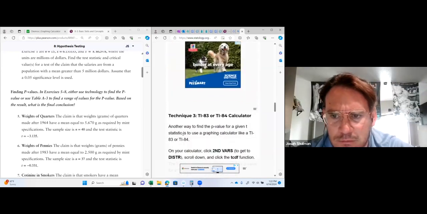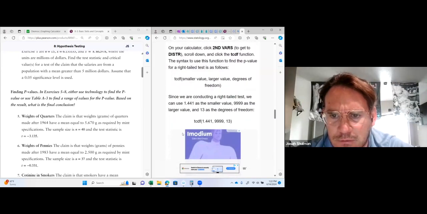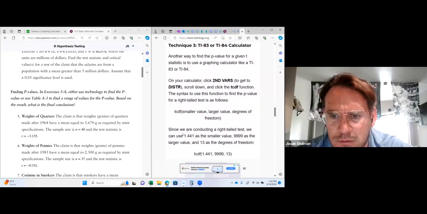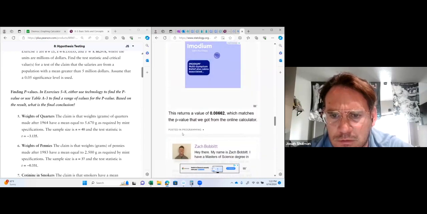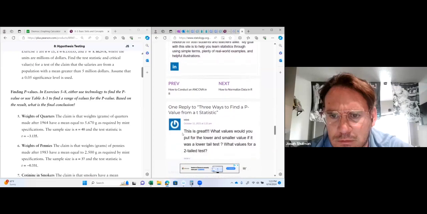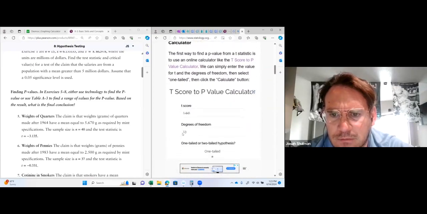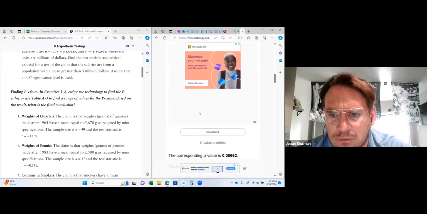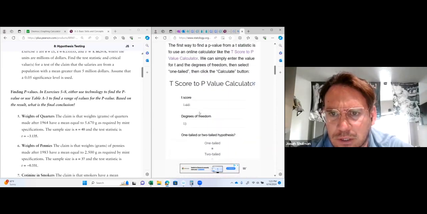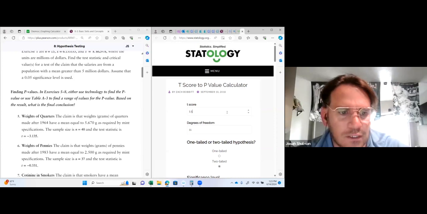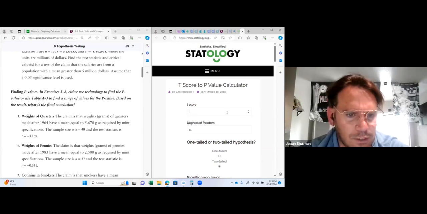A TI-84 doesn't have it except for a specific one. So I might as well just go to a t-score to p-value calculator, because that is pretty much what they're asking me for.